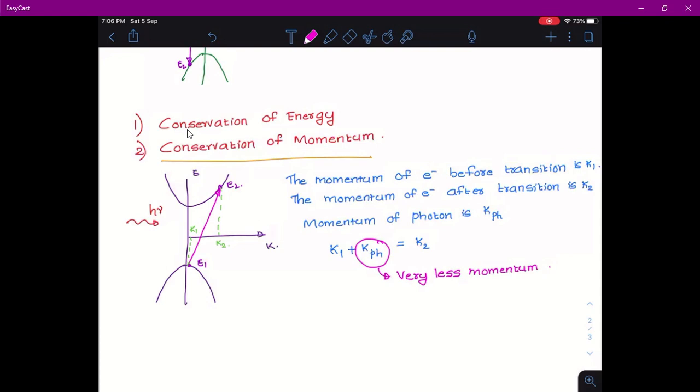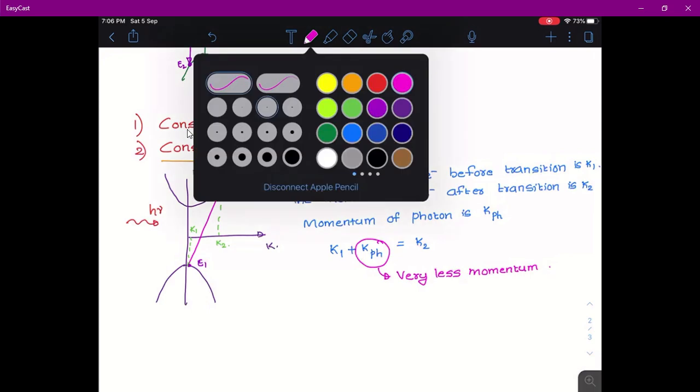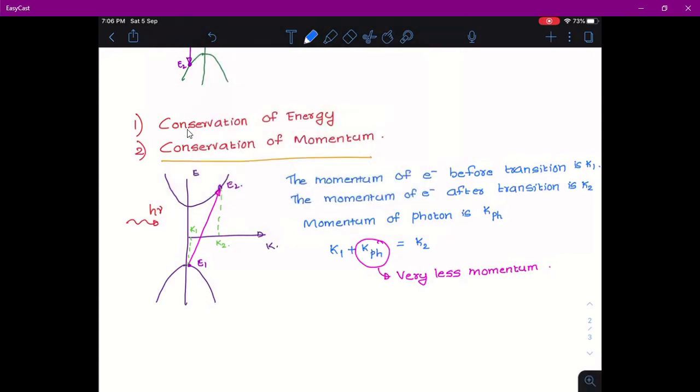Okay, so if you compare the momentum of an electron, at the E1 state K1 is the momentum of the electron, and at the E2 state K2 is the momentum of the electron. If you generalize, for an electron Ke minus is the momentum of an electron, and that is very high when compared to kph, the momentum of a photon.